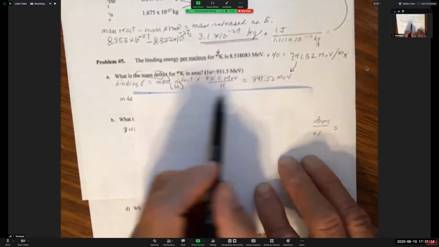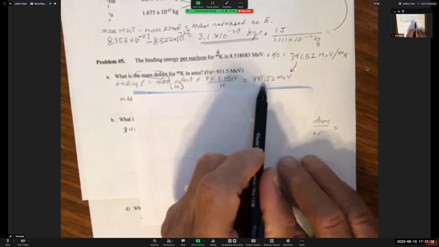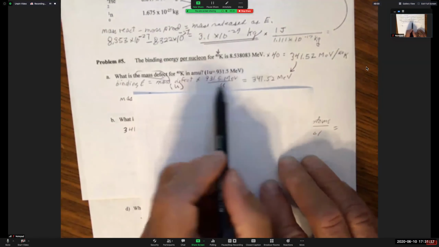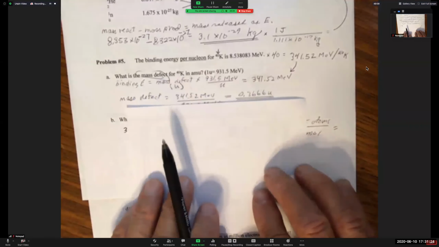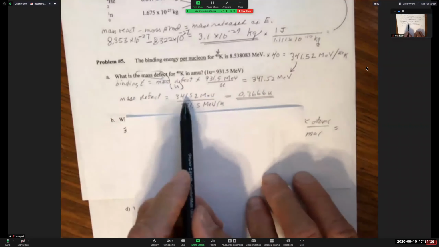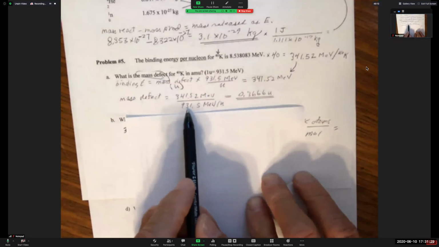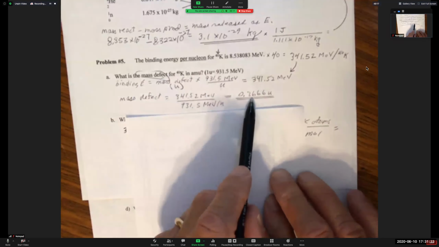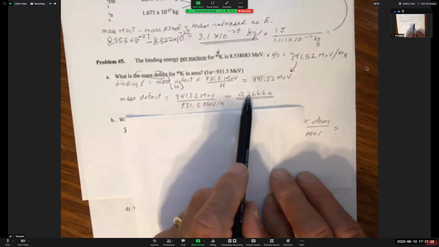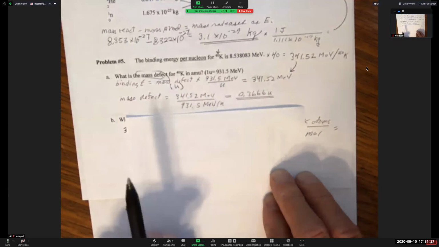If we simply divide the binding energy by the binding energy per AMU, we'll get the mass defect in AMUs. So 341.52 divided by 931.5 gives us our mass defect, and that turns out to be 0.3666 AMUs.